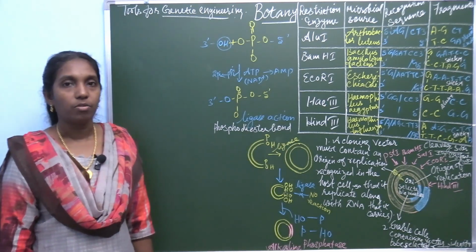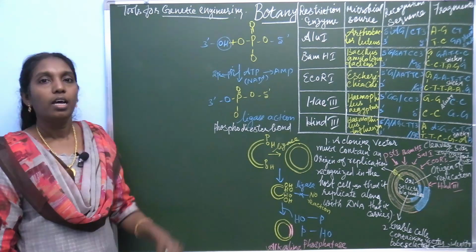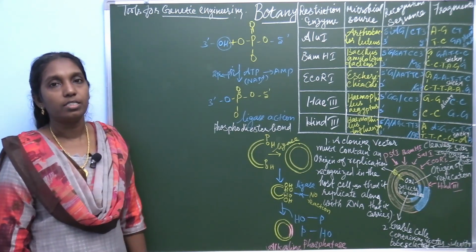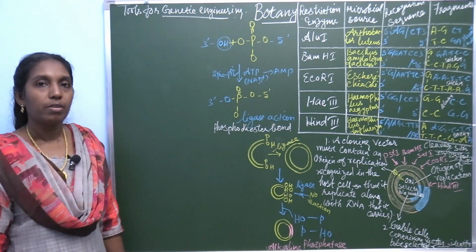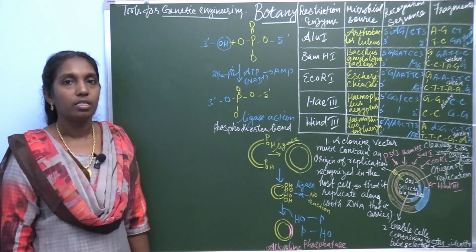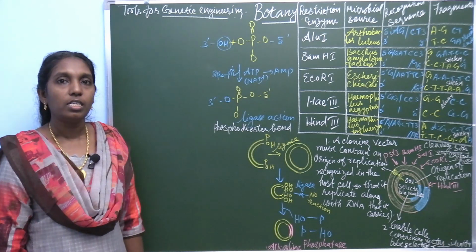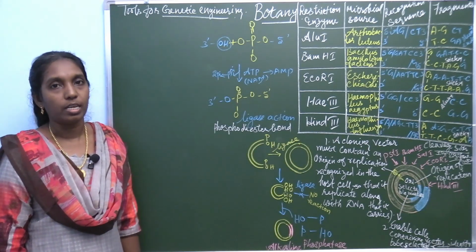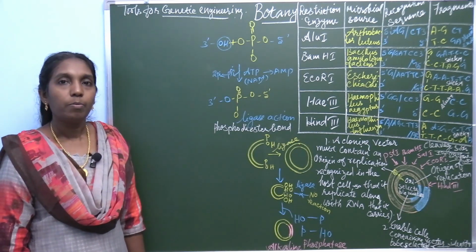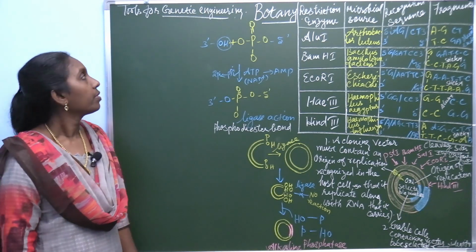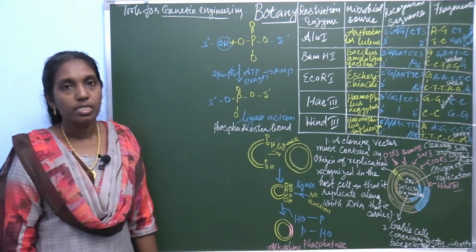What are the tools involved? There are certain tools involved for genetic engineering technology. In the previous class we discussed the topic genetic engineering. Recombinant DNA technology is very much used in this. For making recombinant DNA, there are some tools involved.